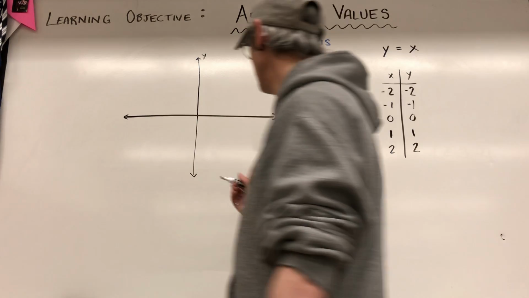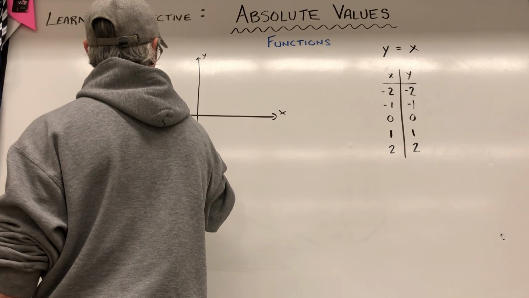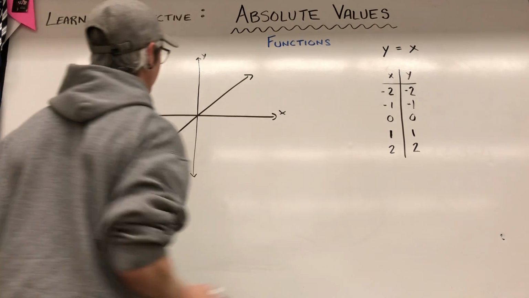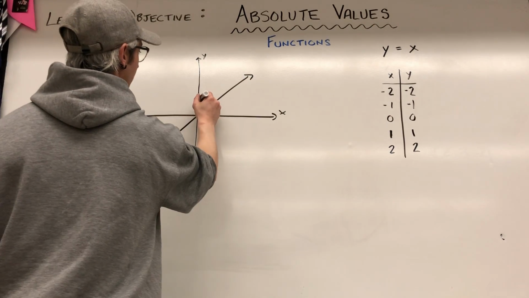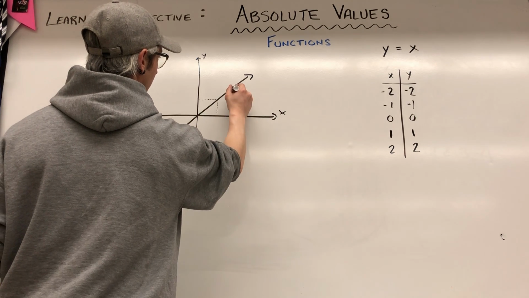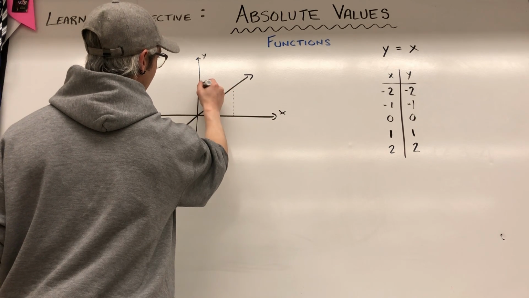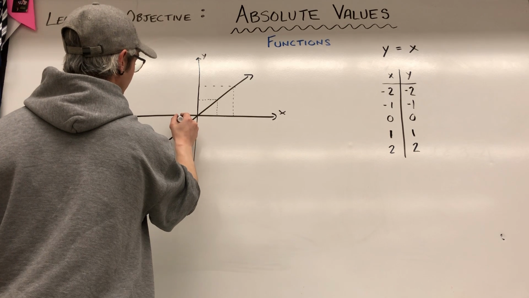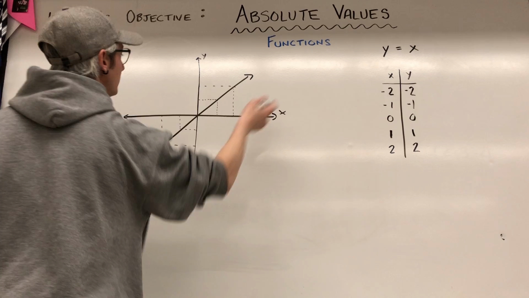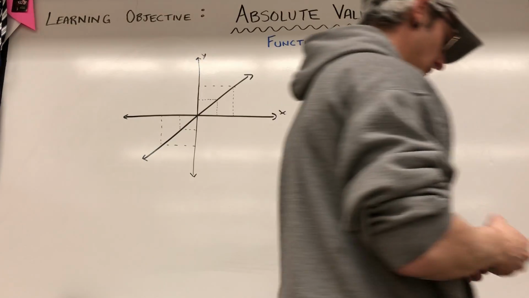And if I were to graph this, it would look like this, and it goes on forever in both directions, right? At x equal to 1, y is 1. At x equal to 2, y is 2. At -1, I'm at -1, -2, -2, and it would go on like that forever.